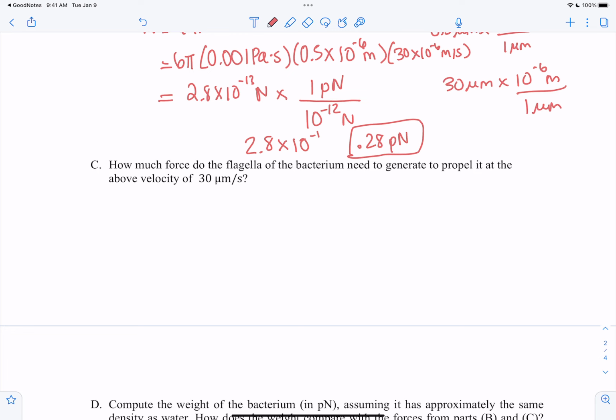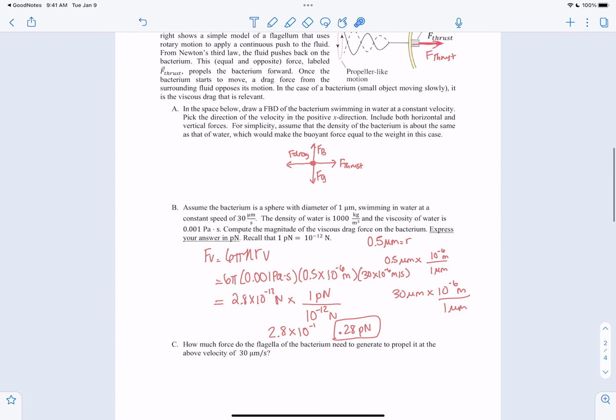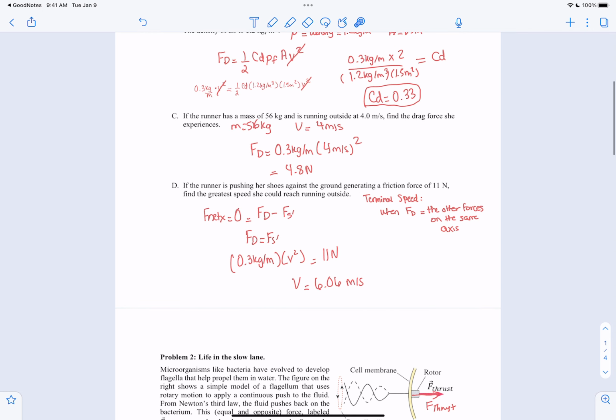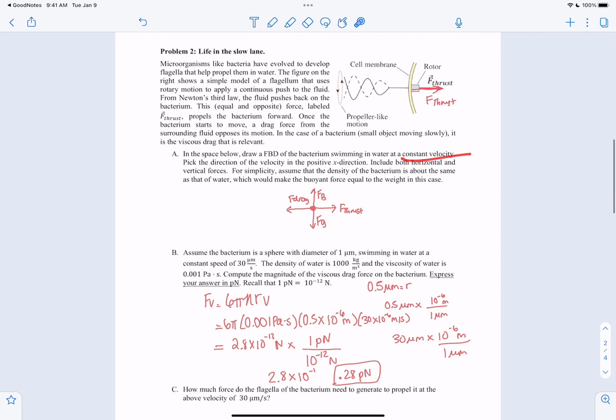So, how much force do the flagella of the bacteria need to generate to propel it at the above velocity of 30 micrometers per second? Well, this kind of goes back to the idea of constant velocity, terminal velocity, terminal speed that I was talking about earlier.